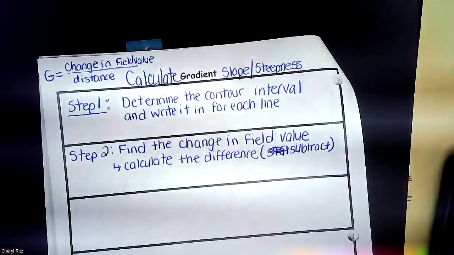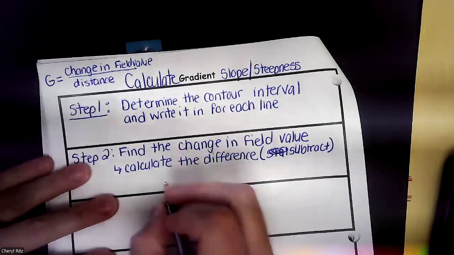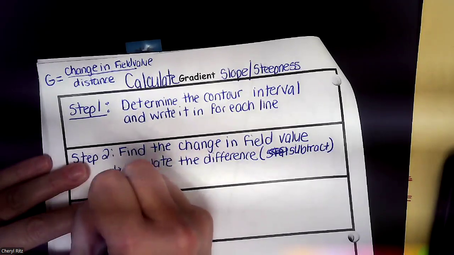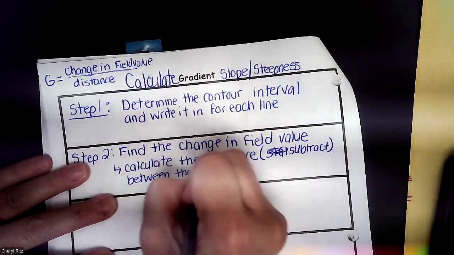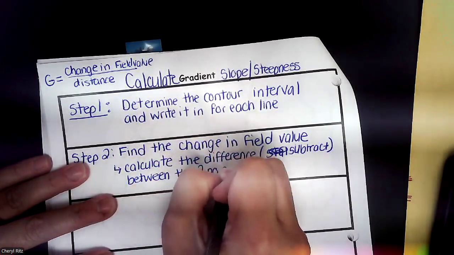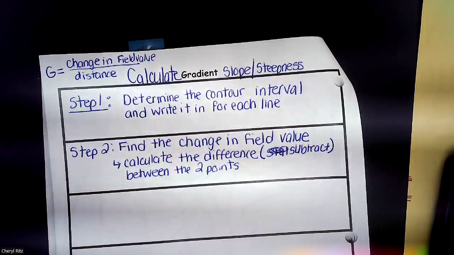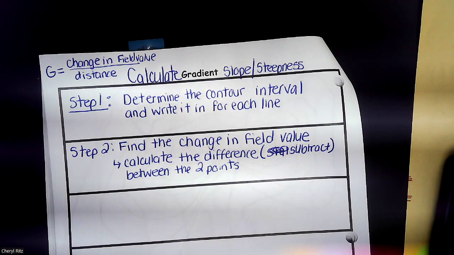I said calculate the difference, parentheses, subtract, between the 2 points. So we are finding the change in field value, and to do that, we're calculating the difference between the 2 points. We're subtracting the 2 numbers.